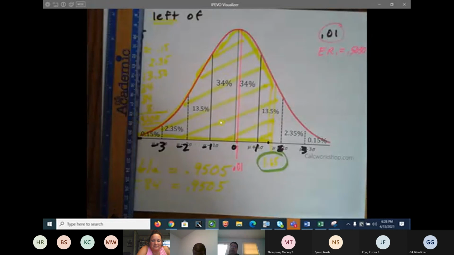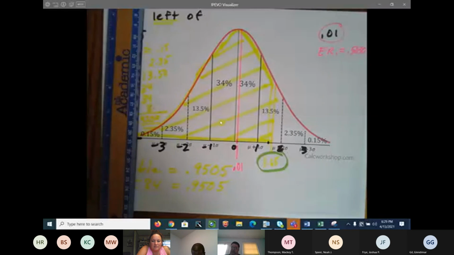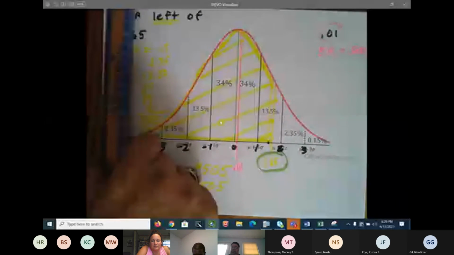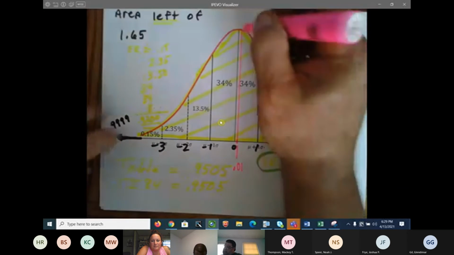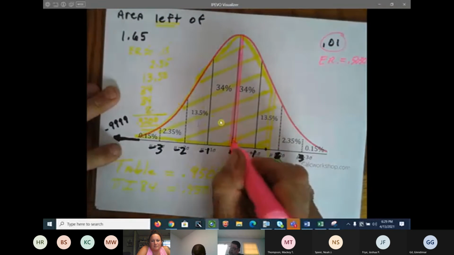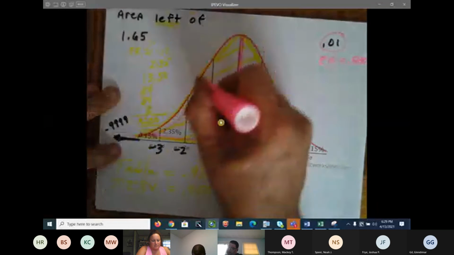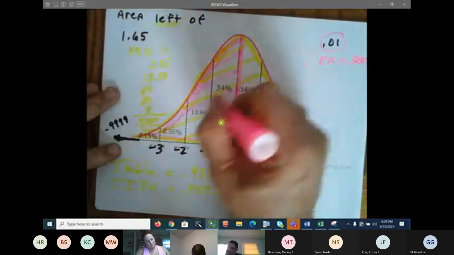I'm trying to get you to see that you don't have to kill yourself doing the empirical rule, because it's just a guess. All right. So here is the pink area, and we know it's going to be around 0.5 something.